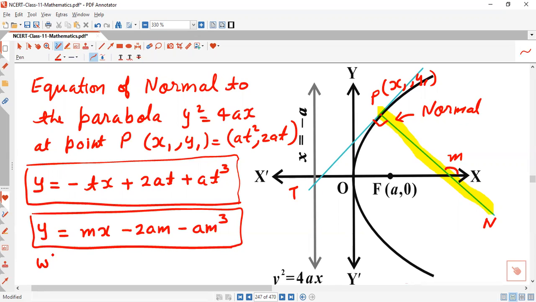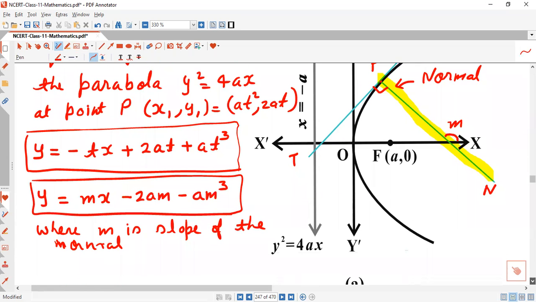where m is the slope of the normal. The slope of the normal is this one. And at which point is the normal?